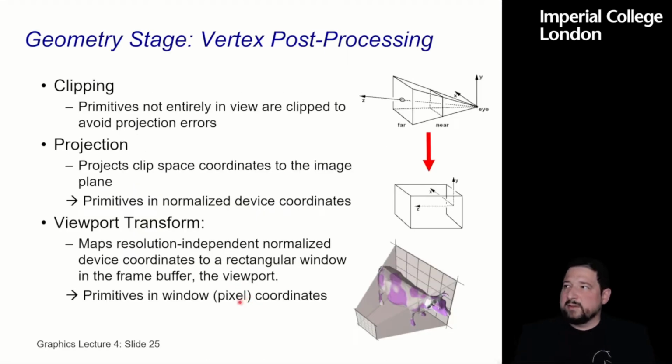So I think clipping we mentioned now enough. So we are usually using this in the clip space, view space, and then use it through the viewport transform to map as a resolution independent to normalized device coordinates so that all of my pixels have coordinates between 0 and 1.